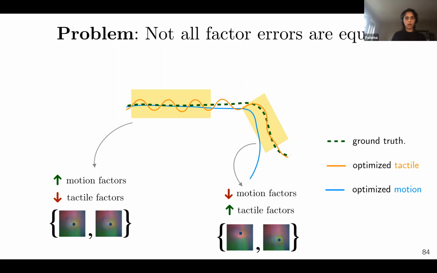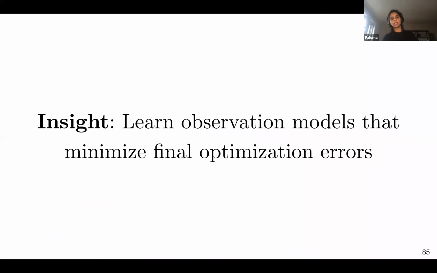So to incorporate this notion, our insight here is that we should not be training our tactile models in isolation. Instead, we should try to minimize the final graph optimization errors when training such models.